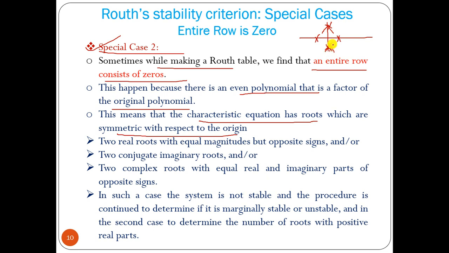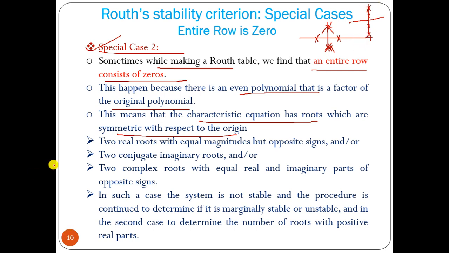Okay, again for an even polynomial, we can have a non-repeated pole on the imaginary axis due to the even polynomial. So for that, you have to find out whether the system is stable, unstable or marginally stable.